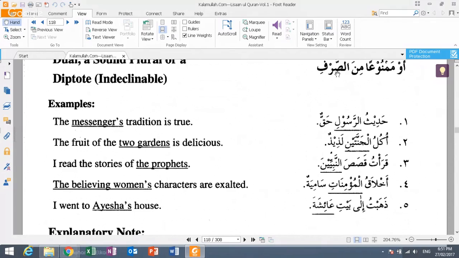So you can see what happened. Even though before that the harf jarr gives the jarr, this one does not get the kasra at the end. Min gives the jarr, isn't it? Min Muhammadin, for example. See, it gives the jarr to the dal.